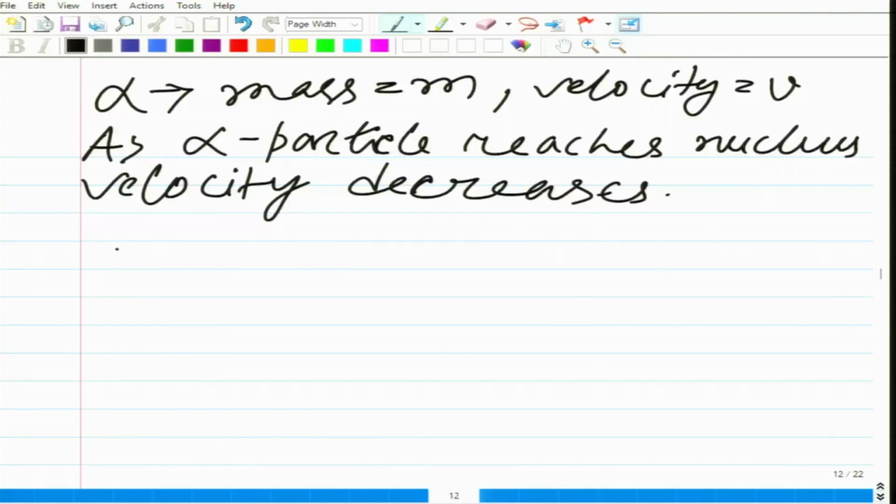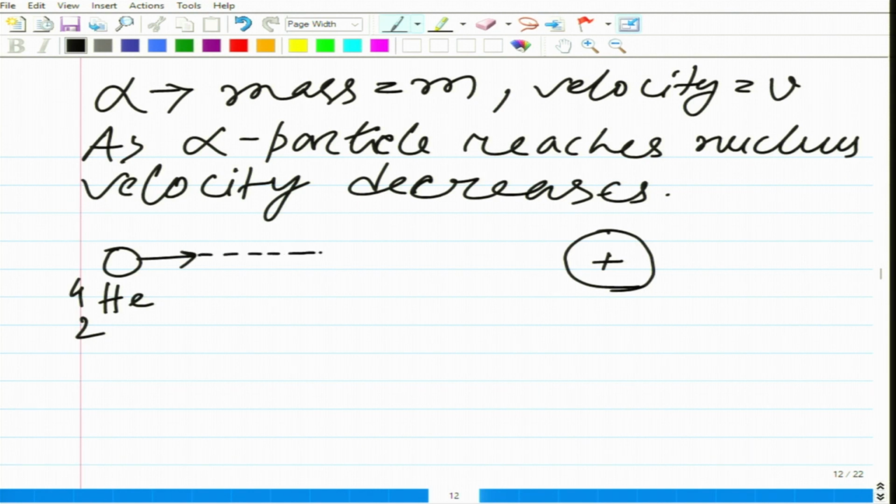So, if this is the alpha particle and this is the nucleus, the alpha particle is moving like this, coming with a steady velocity. Suppose at this point the alpha particle stops. From here it cannot go any further, it will retrace back.